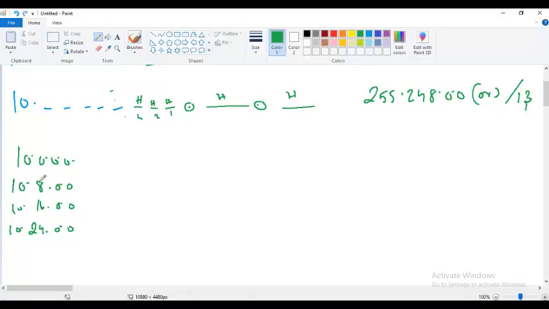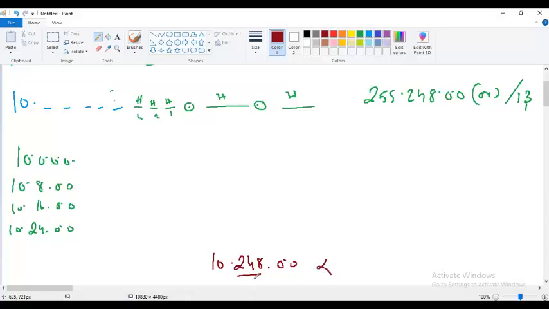And what will be the last 4? 10 dot, when all the bits are on, it is 248. But when all are on, we don't use it, that is the minus 1.